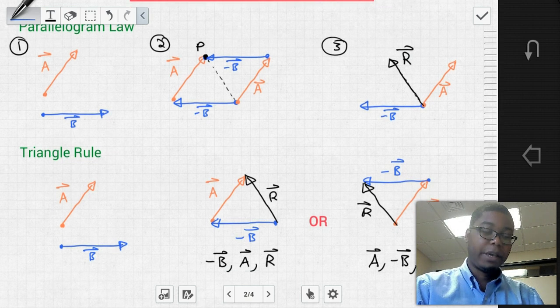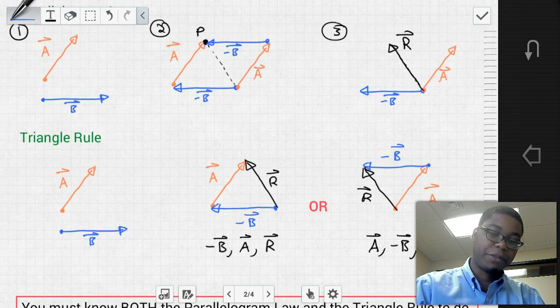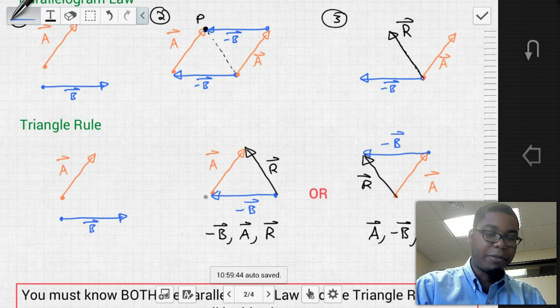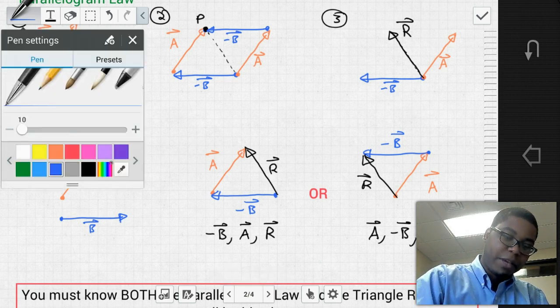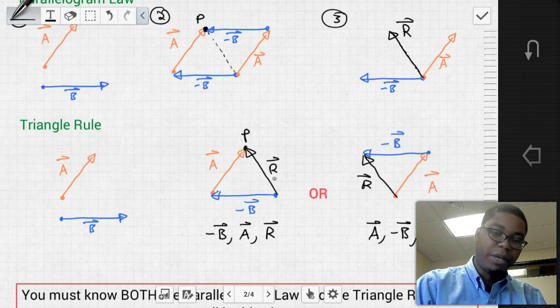Now let's look at how we do this same thing using the triangle rule. Again, we start with vector A and vector B. We subtract vector B, so we have a negative vector B. Then, head to tail approach, we take vector A, and from that we find this point P. From the start point of B to that point P is the magnitude of the resultant.